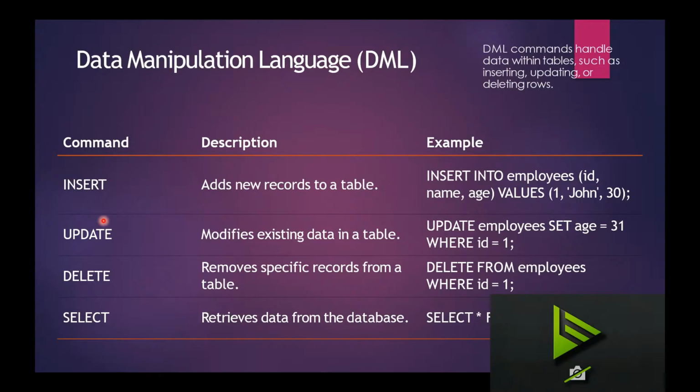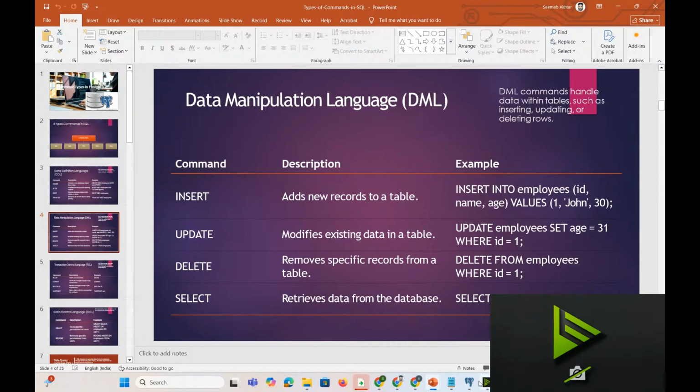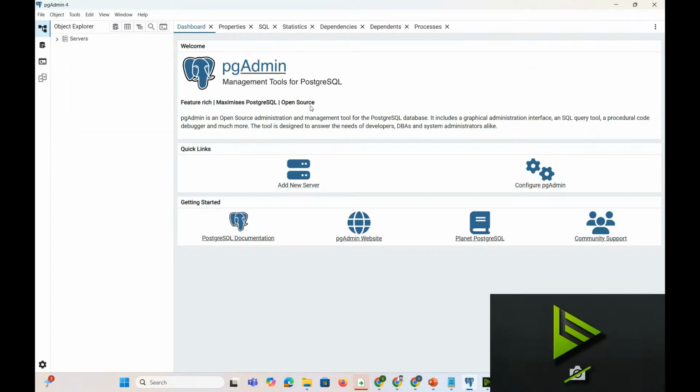It has been downloaded. Okay, now go to the Windows search section and write pgAdmin. There is an icon like an elephant that will open. Click on it, and when it opens, tell me. Yes, sir, it has been opened. It looks like this. Are you able to see my screen? Yes, sir.